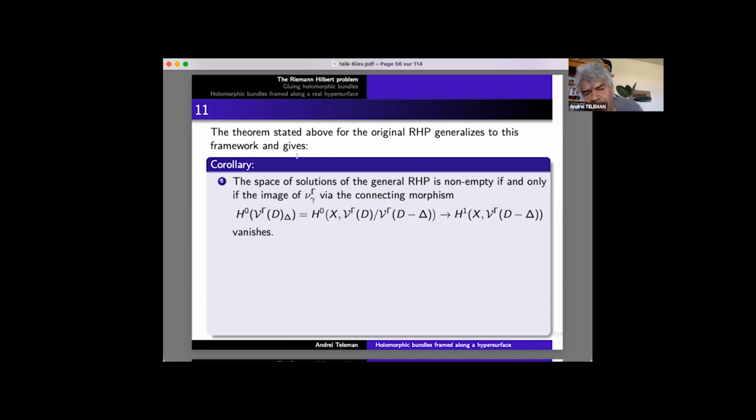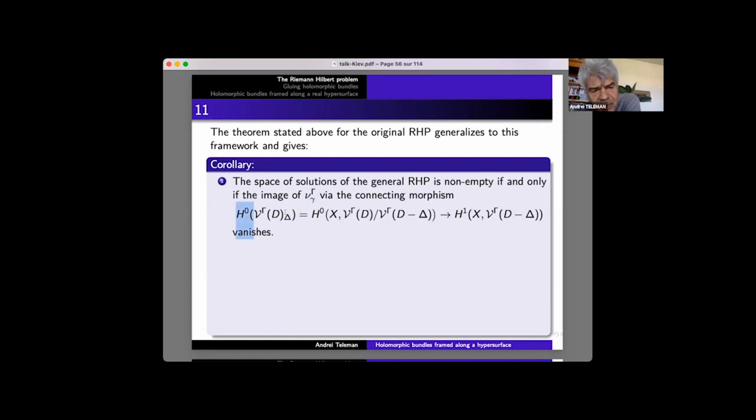As soon as we have this locally free sheaf, it means a holomorphic vector bundle, and then suddenly we are in the universe of complex and algebraic geometry, and you can use complex geometric methods. So again, the space of solutions in this framework is non-empty if and only if the image of this object associated to gamma via the obvious morphism vanishes.